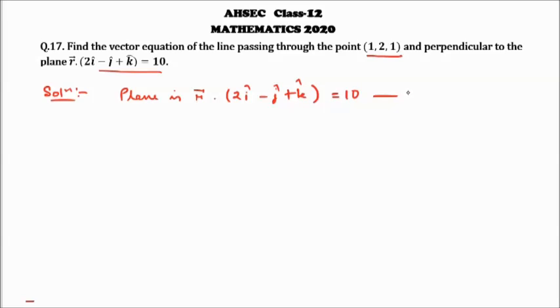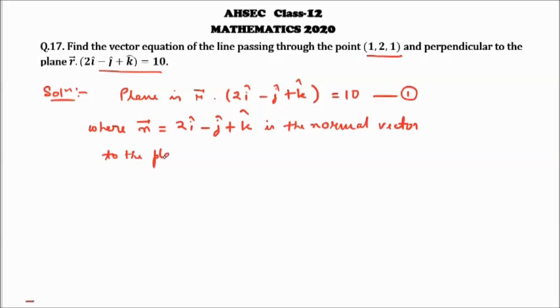Let us name this as number 1, where n vector equal to 2i cap minus j cap plus k cap is the normal vector to the plane 1. I have just compared my n vector with the general equation for the vector equation of a plane. So this is my normal vector.